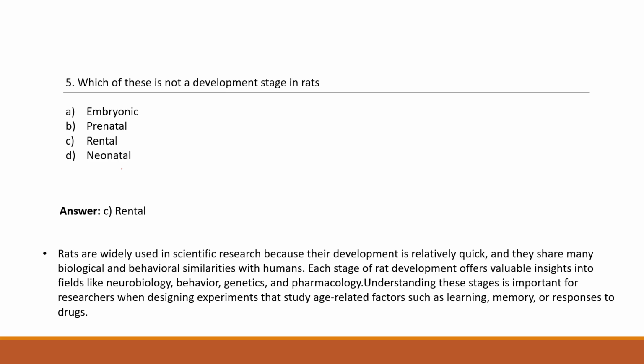That's why rats are a favorite when it comes to animal models. Each stage of rat development offers valuable insights into fields like neurobiology, behavioral sciences, genetics, pharmacology, cell biology, clinical studies, etc. Phase trials are also done in rats.